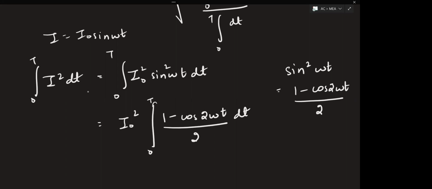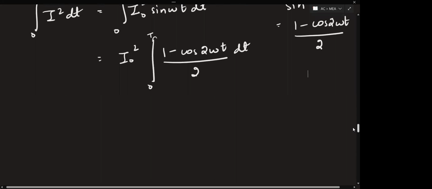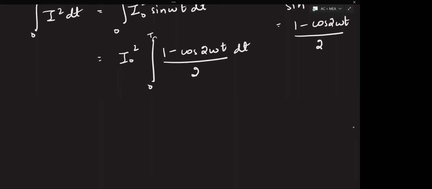Fine, class? Now just solving the integration is there. Bring this 2 out. I naught square divided by 2, keep it like this. Integration of 1 will be t only, minus integration of cos will give you sine, so with a positive sign.